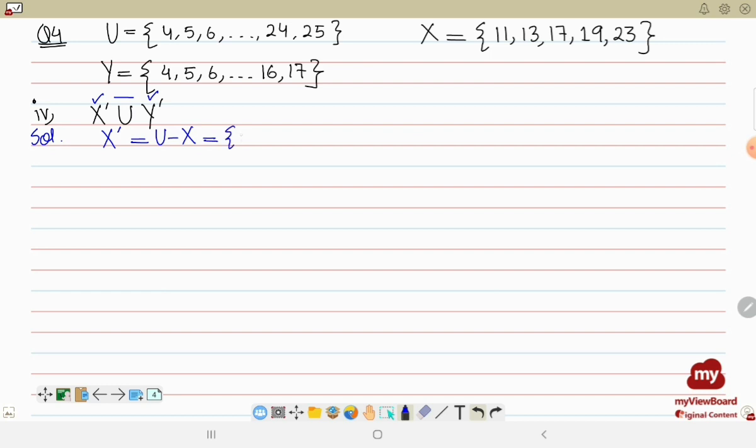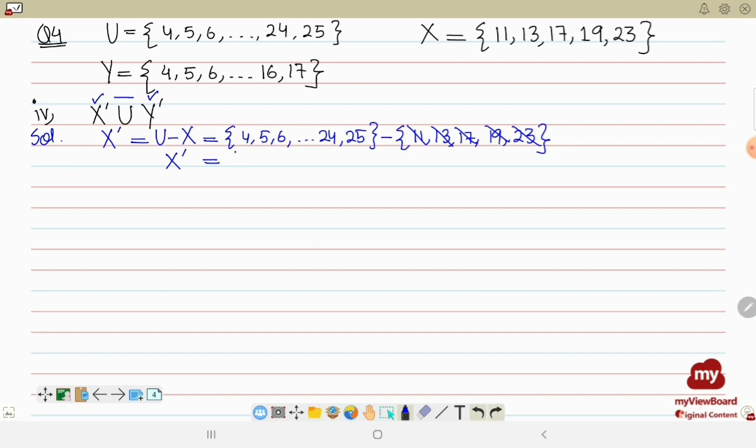So we'll be writing down the universal set first, 4, 5, 6 till 24, 25 minus the elements of set X, 11, 13, 17, 19 and 23. So complement means, or difference means, you are supposed to remove the elements of the second set from the first set. So 11, 13, 17, 19, 23 यहाँ से निकाल देंगे तो जो remaining elements बच जाएंगे.